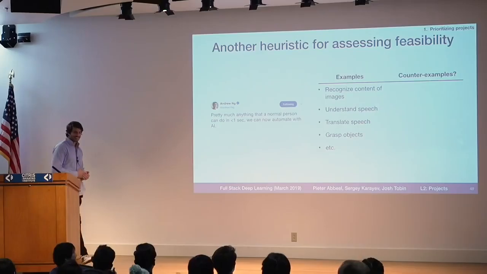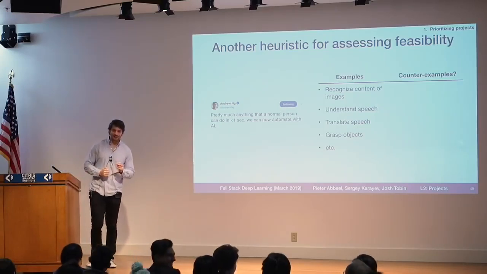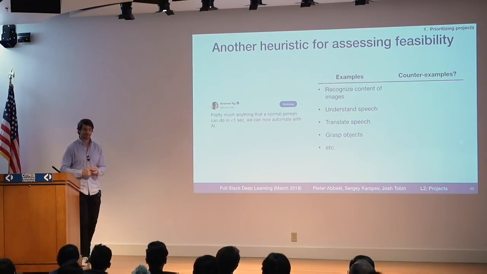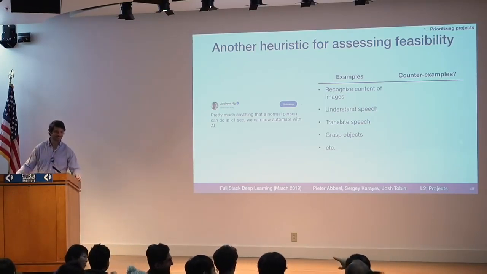Say it again. Falling in love. Yeah. Well, I don't know. I don't think anyone's really proved whether you can do that in less than 1 second. So I'm not going to count that one. Yeah. Matching two people. Yeah. That could be a good example.